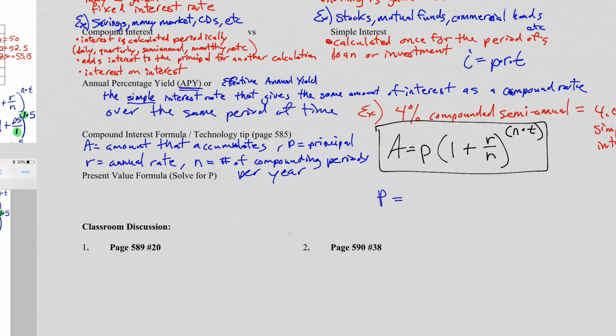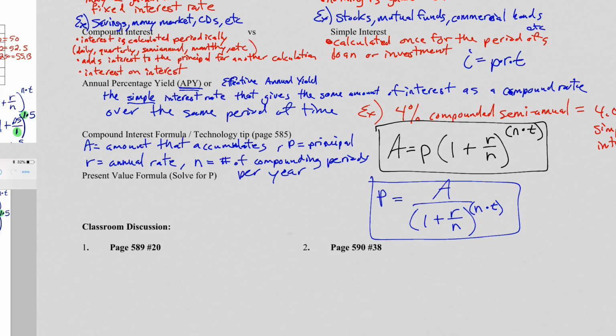The P is by itself. You have the A sitting there, and then you have that big chunk in the bottom. So this is called the present value formula. It just depends if you want to know the amount you need to invest now or the amount that you want to get in the future. Just depends on the situation.